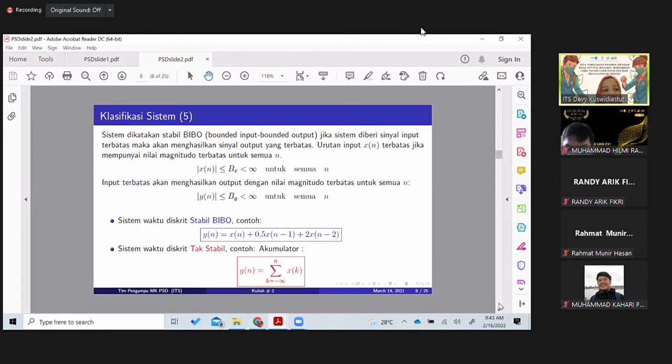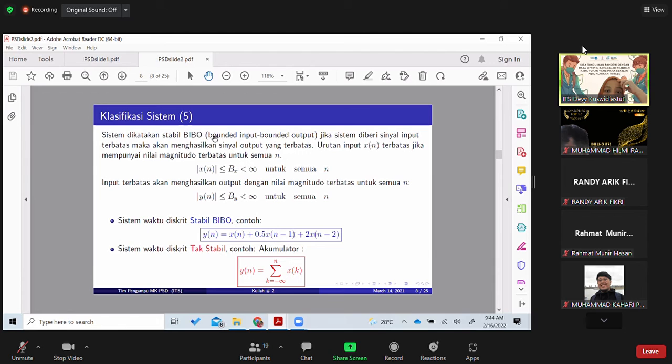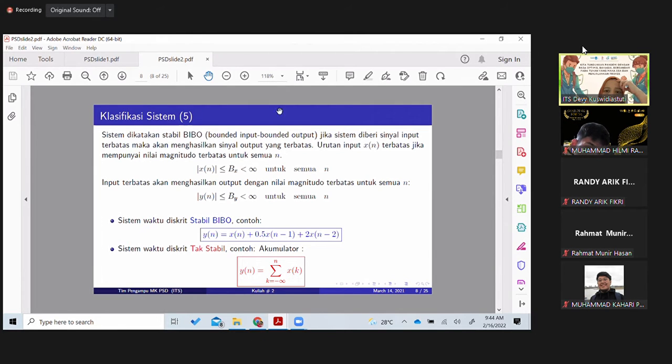And then the next important thing that we must make sure the system we design is, is stable. We usually call it BIBO stable, which is bounded input, bounded output. Which means that if we have a system and we give a bounded input, then it must also produce a bounded output.